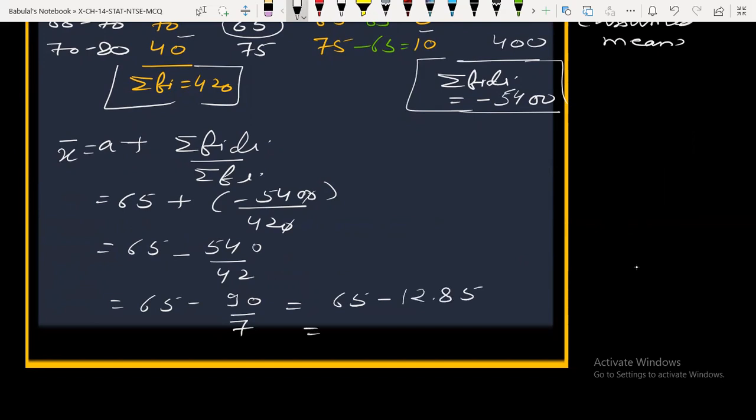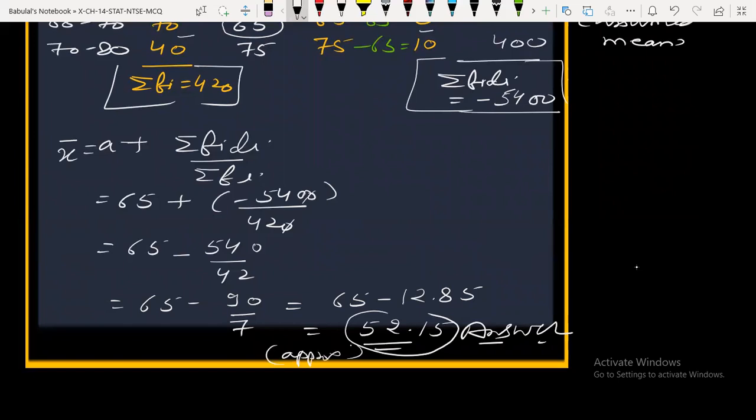And when you subtract 65 minus 12.85, it is 52.15 answer. Yes. So when we change the assumed mean, we get the same value. यहाँ पे हमारा आंसर है 52.15. Right here approx also.